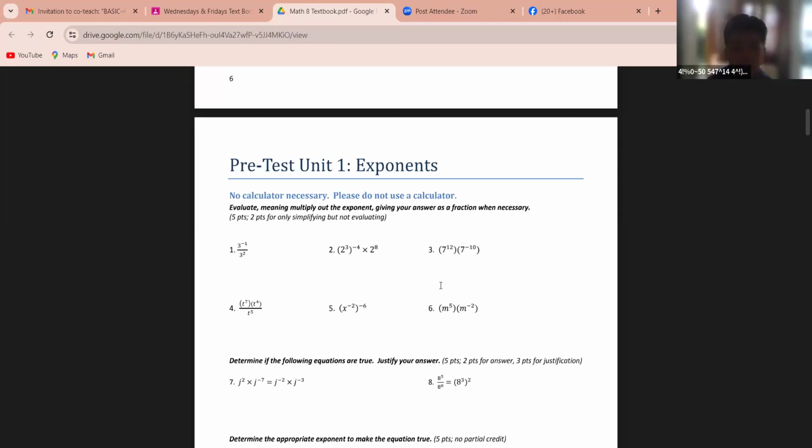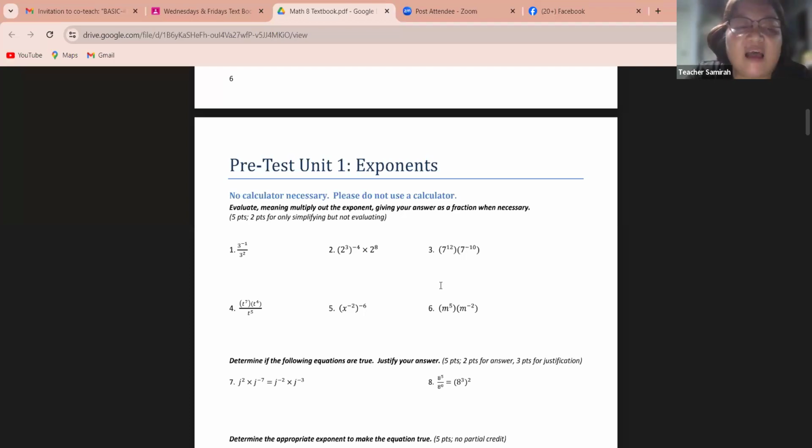The answer is 3 with exponent of negative 3. Very good. Why? Because we are simply going to subtract. If you see a variable or a number which has the same base and is being divided, you are going to subtract the exponent of the denominator from the exponent of the numerator.